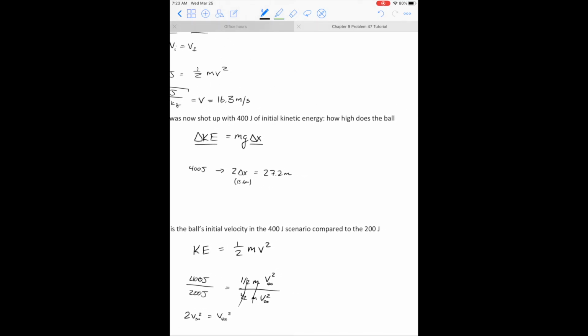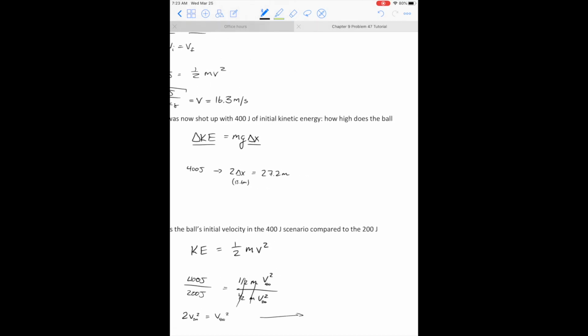Of course, taking a square root, right? I get a square root of 2 times my initial v. That is equal to my new v, right? So square root of 2 times more than before.